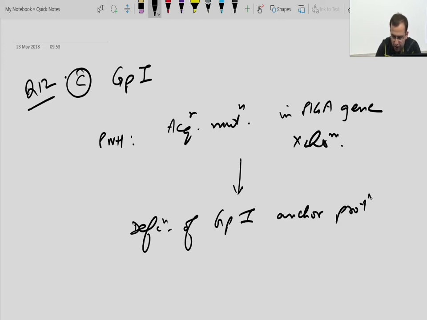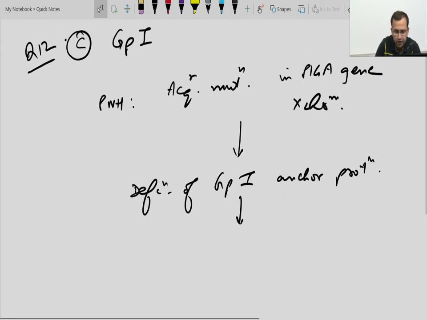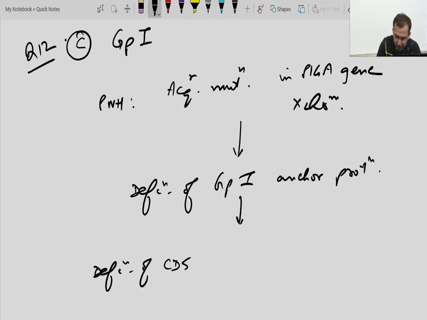There are numerous GPI linked anchor proteins, the most significant of which are CD55 and CD59. We have already seen this in detail. Which is more significant? Deficiency of CD59. So if you are asked in the pathogenesis, like in question 12, you will not mark 55 or 59. What you will mark is deficiency of GPI linked anchor proteins.